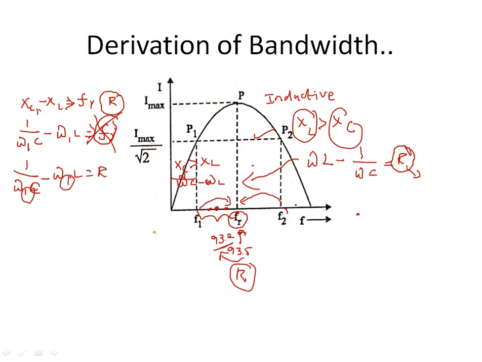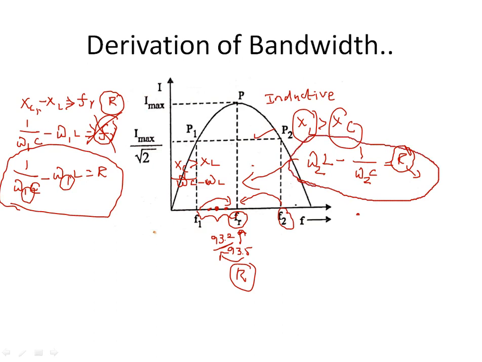So what does the subscript 2 indicate? Subscript 2 indicates the upper cutoff frequency. So equation number 1: 1 by omega 1 C minus omega 1 L is equal to R. Equation number 2: omega 2 L minus 1 by omega 2 C is equal to R.